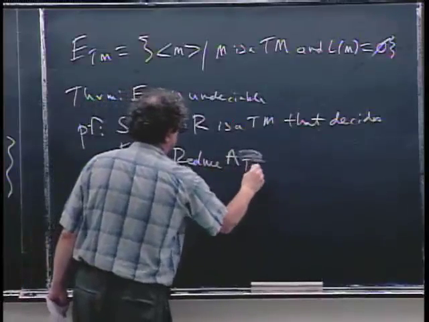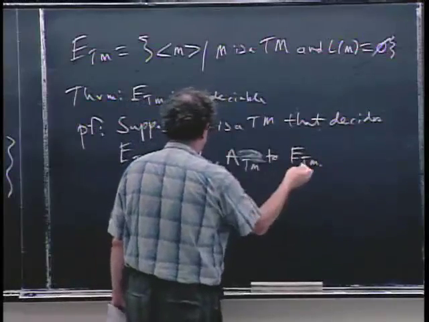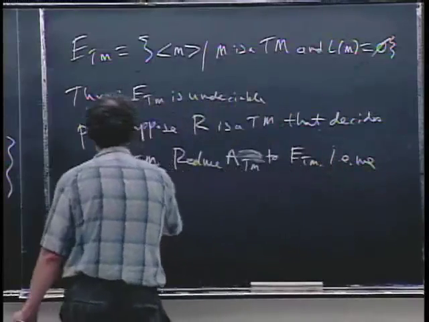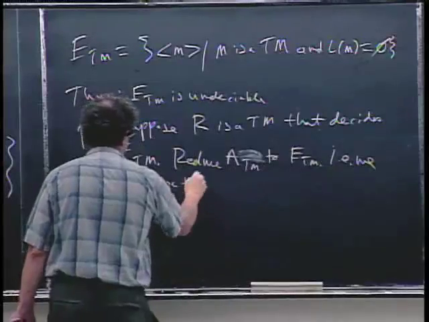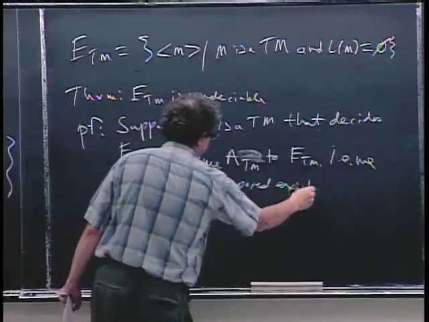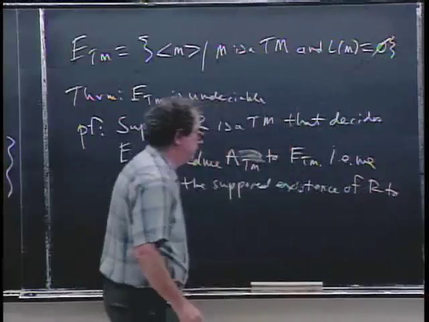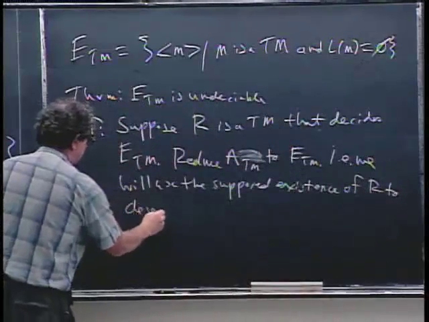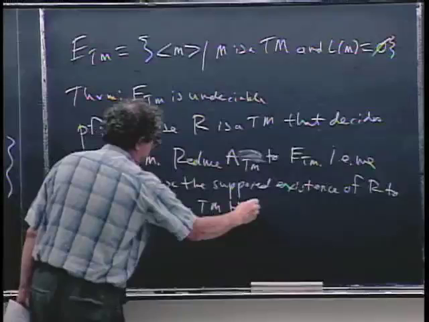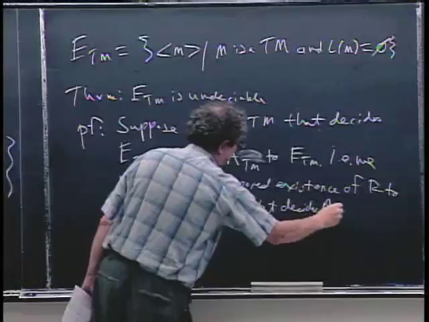So actually we're going to reduce ATM to ETM. Well, what does that mean? That means we will use the supposed existence of R to describe a Turing machine H that decides ATM.